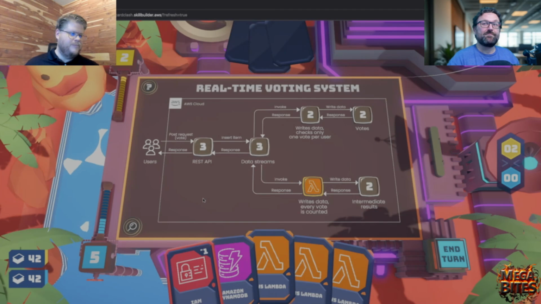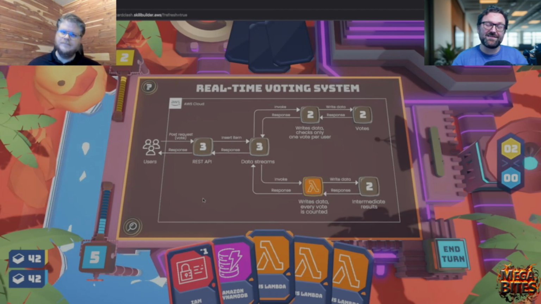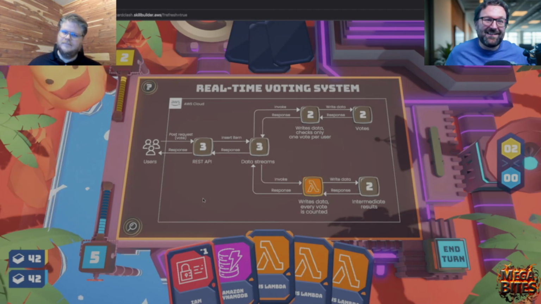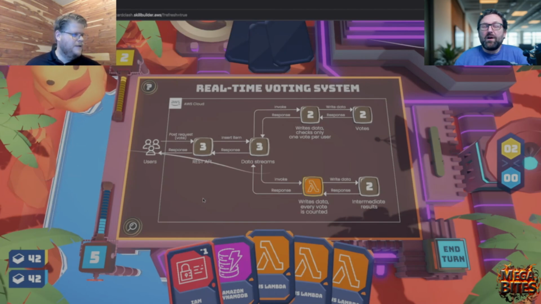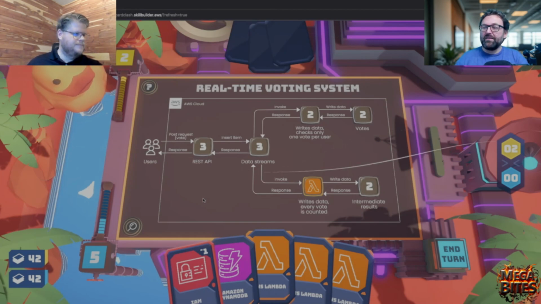That's a small business at that point. That's 100,000 requests per business day. That's a big business. But it's for one table, for one account, for one thing, right?